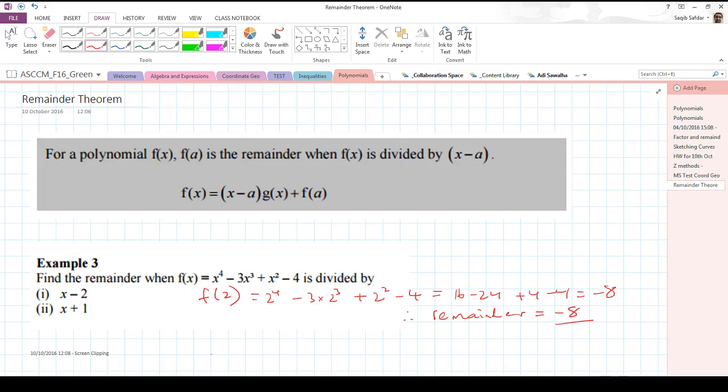What about the f of 1? Can somebody work that out? What does that give you? Sorry, f of minus 1. Work it out. What does the f of minus 1 give you?